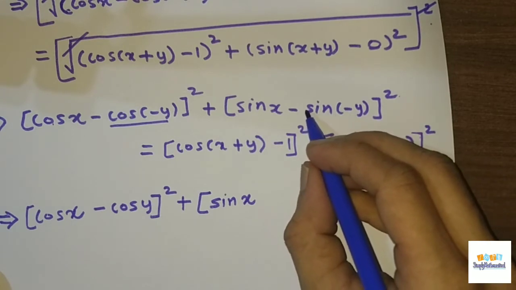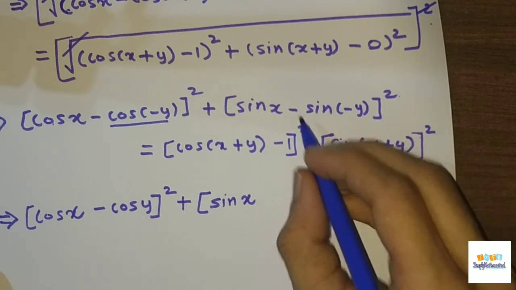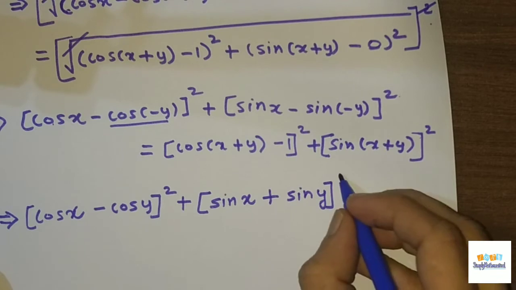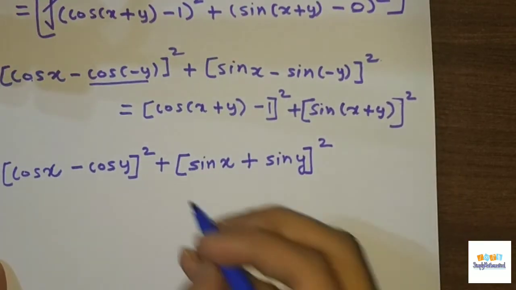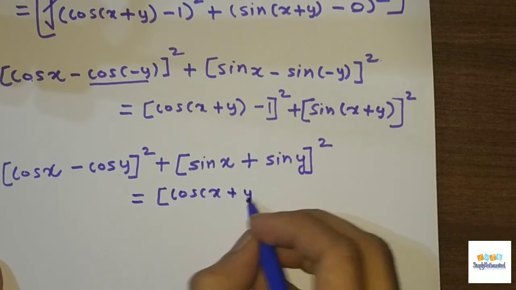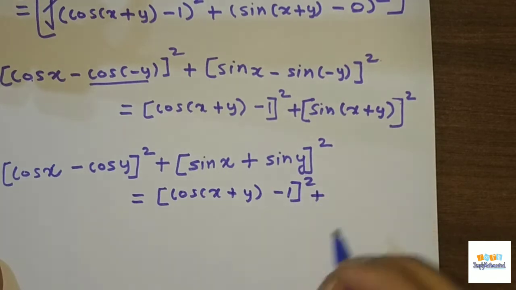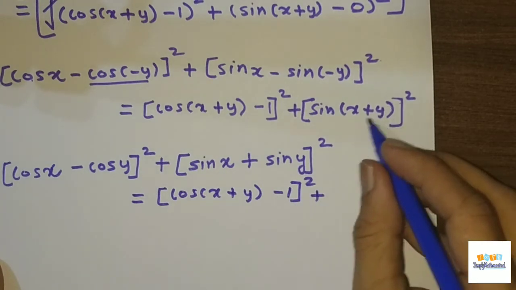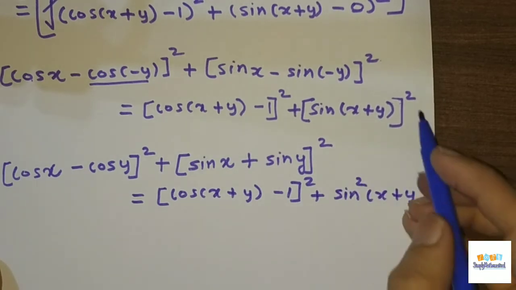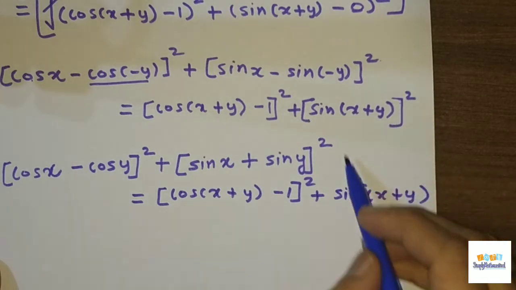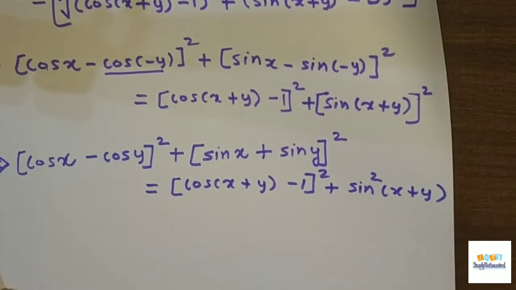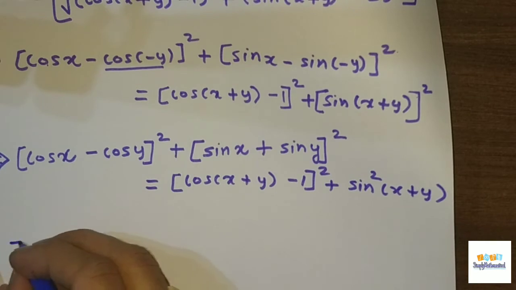So that minus sign will be outside, which will get multiplied to this minus sign, so you'll get plus sin y, the whole square. That is equal to cos of x plus y minus 1 the whole square plus sin square of x plus y. Only this square we are writing here, that is another symbol for this. Understood?